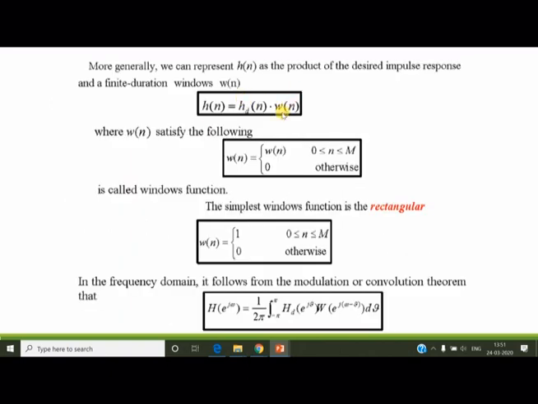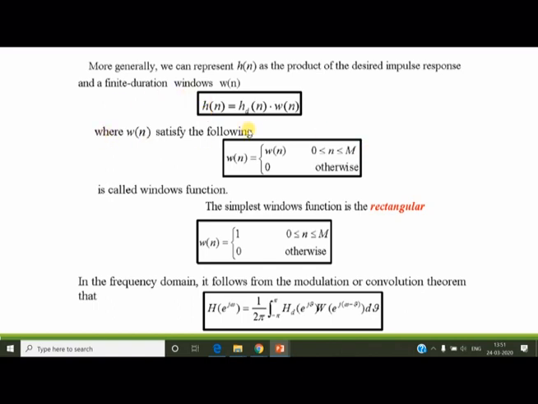Followed by this, now how to perform this truncation. In order to perform this truncation, we are multiplying h_D[n], which is infinitely long, with a finite duration window function w[n], and this multiplication will lead to an impulse response with finite length duration.